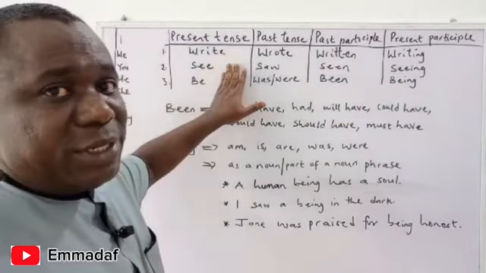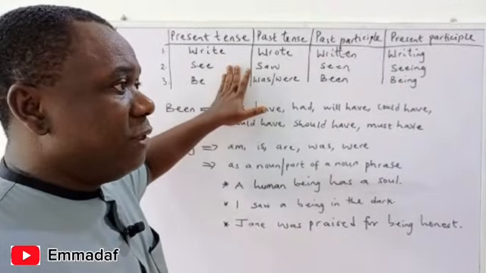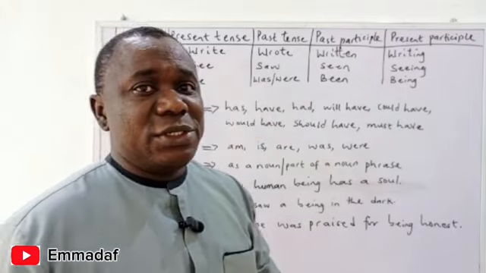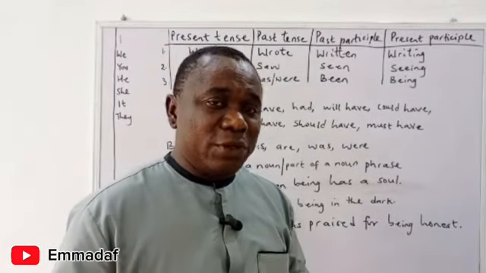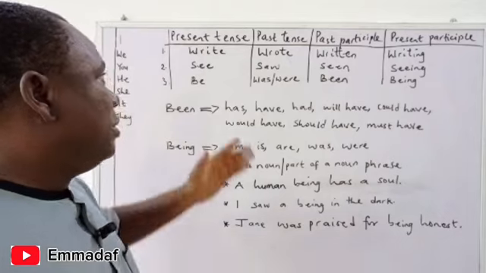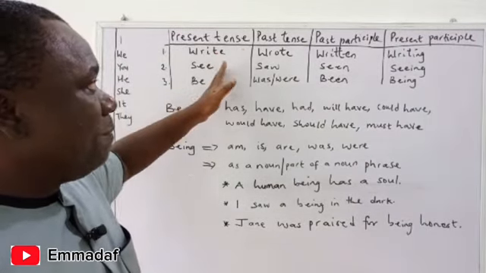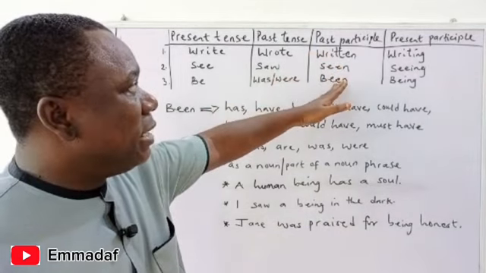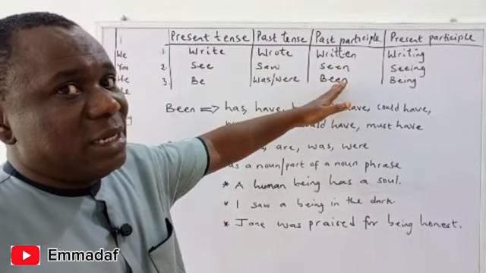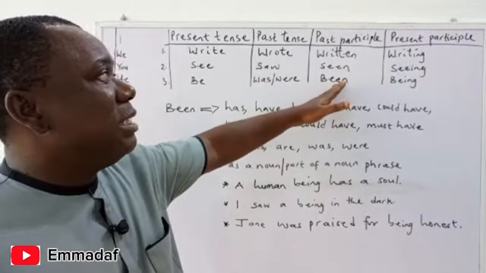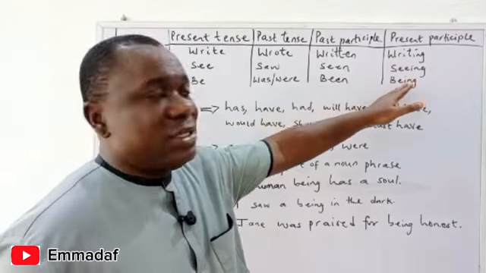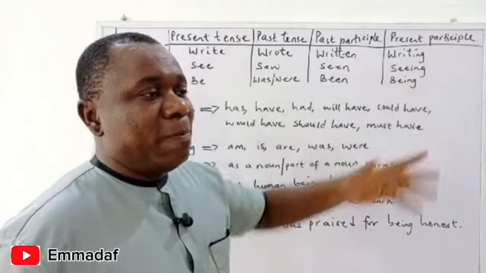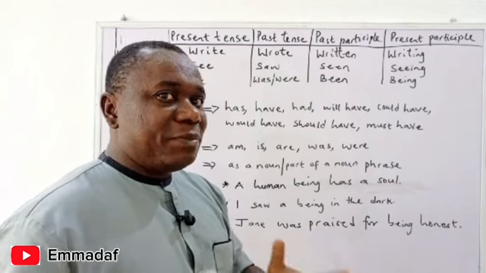Now, this is the base form of the verb. That is the dictionary entry. When you pick your dictionary and you want to search for a word, this is what you're going to see. This is the past tense. This is the form that is used with the auxiliaries have, has, and had. And this is the ing form of the verb, the verb that ends in ing.